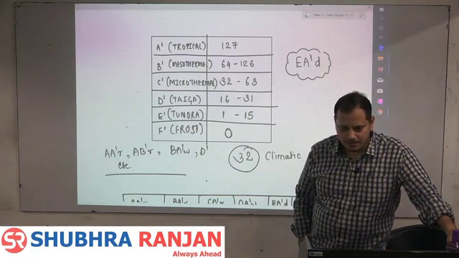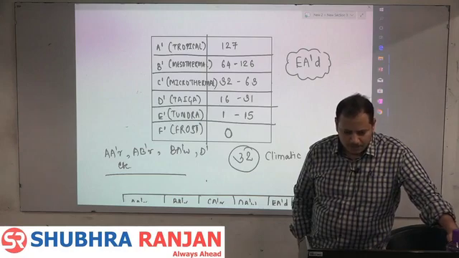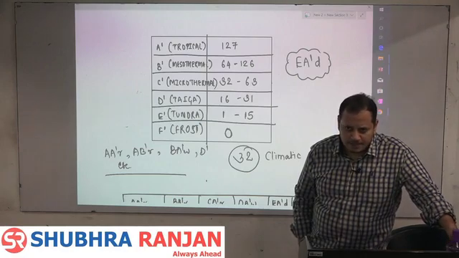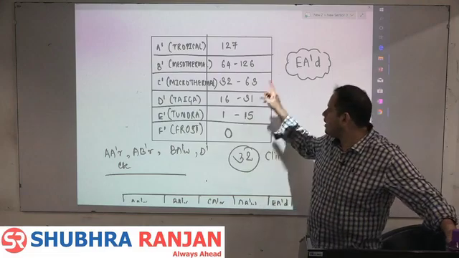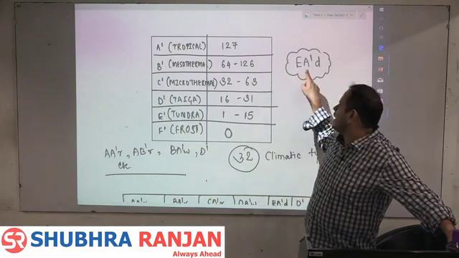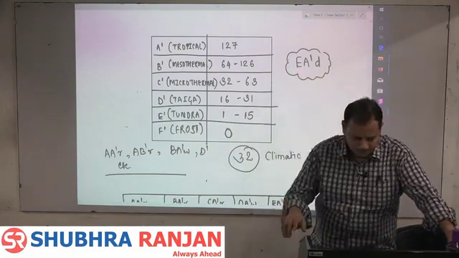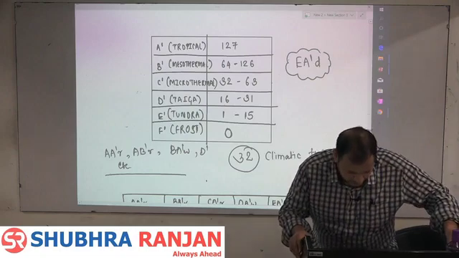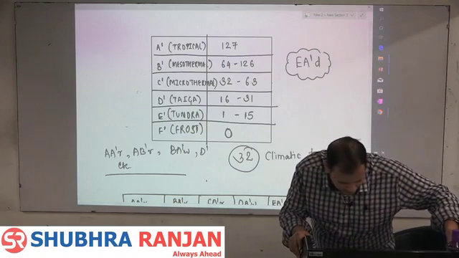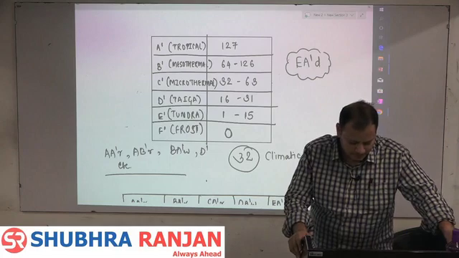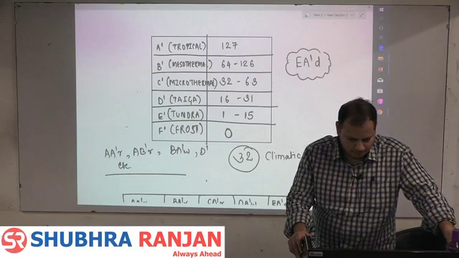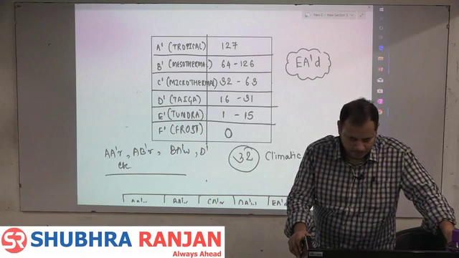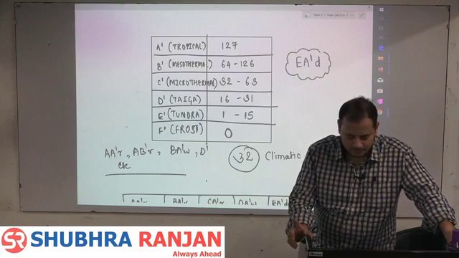Example: tundra type of climate has a subclassification of E A-D. Full stop.